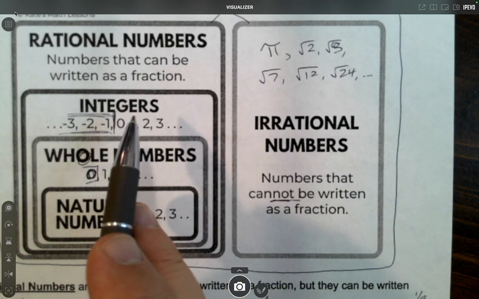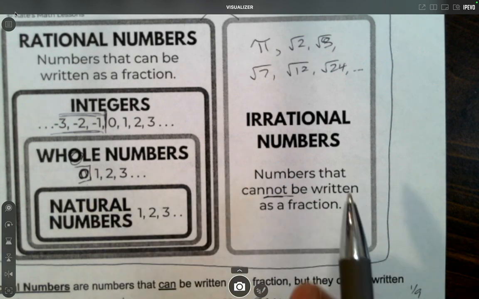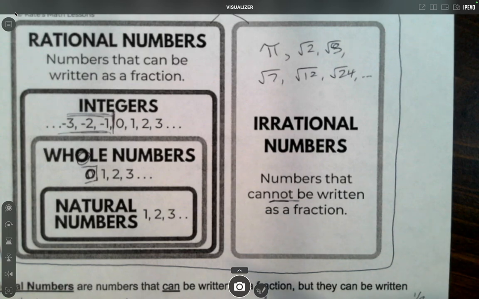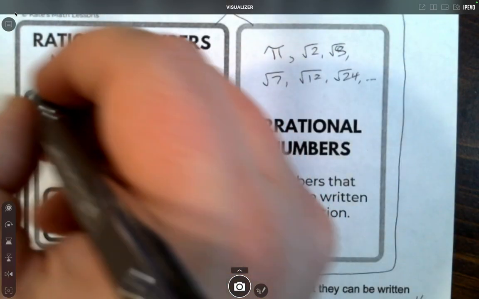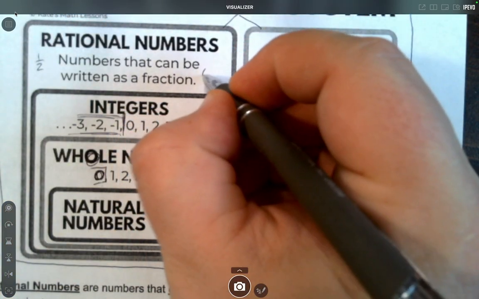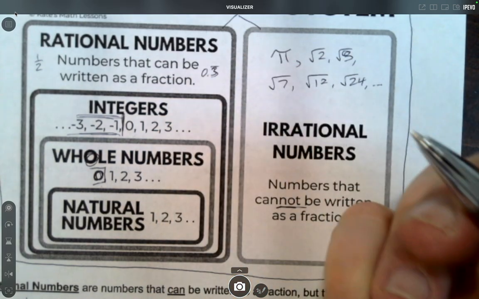And then rational numbers includes everything that we can't turn into a whole number, an integer, that's a fraction or a decimal, but it has to be a decimal you could write as a fraction. So I mean, the things that are in this category could be things like 1/2, 0.3 repeating, anything like that.